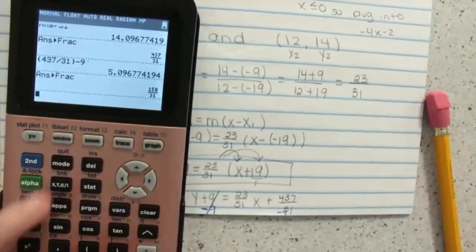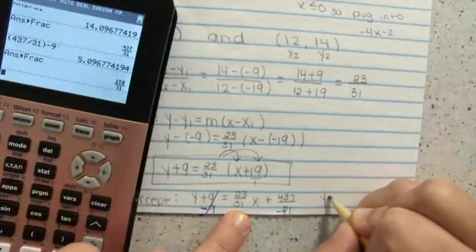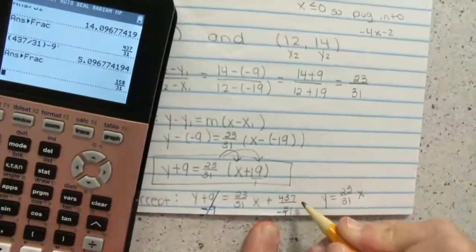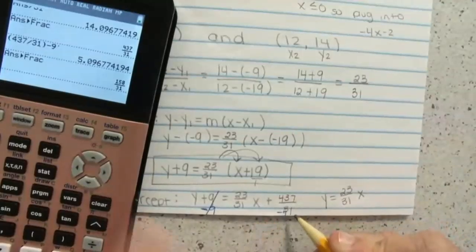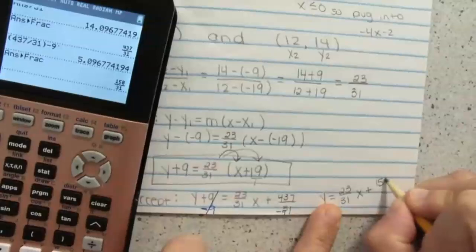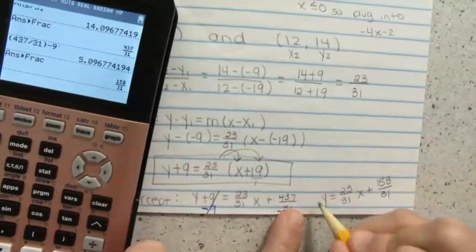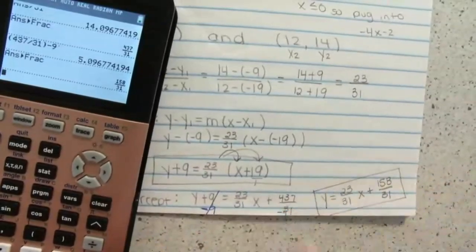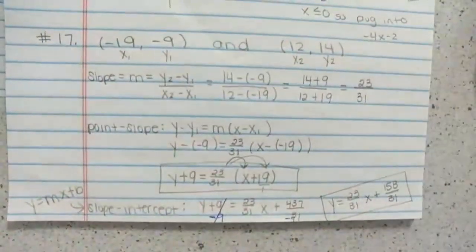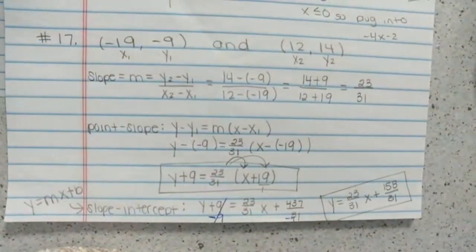One more time, press enter. Boom, there's your answer. So y equals 23 over 31x, and then this 137 over 31 minus 9, we said was positive 158 over 31. So that is your slope-intercept form. Yeah, calculator is way easier.